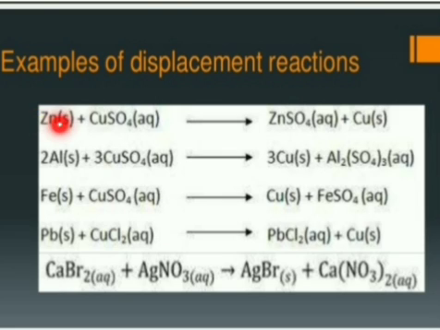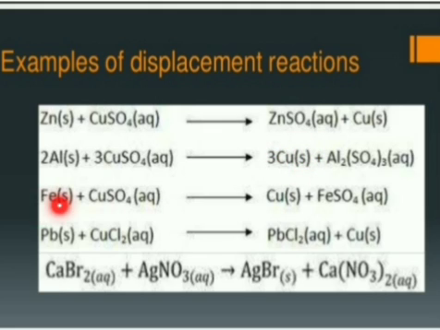Similarly, zinc reacts with copper sulfate and forms zinc sulfate, and copper is displaced. Aluminium reacts with copper sulfate and aluminium sulfate is formed, and copper is reproduced or regenerated in the form of precipitate.